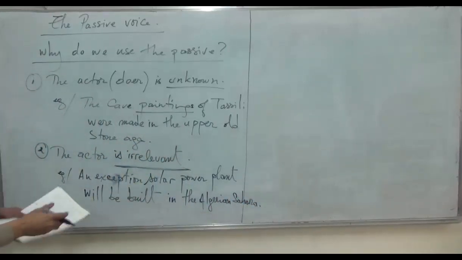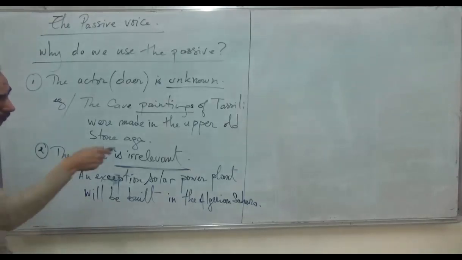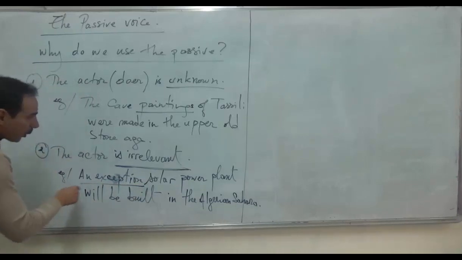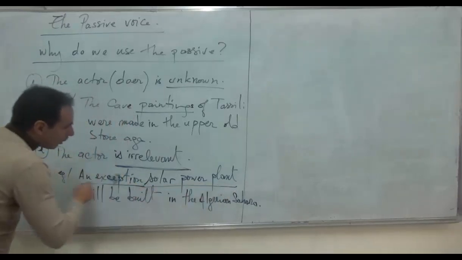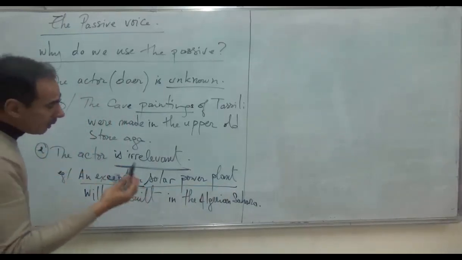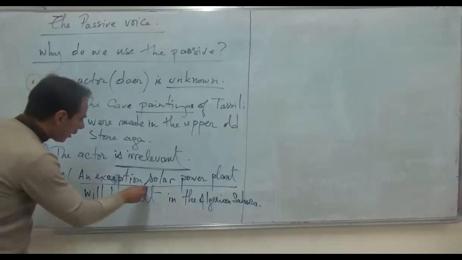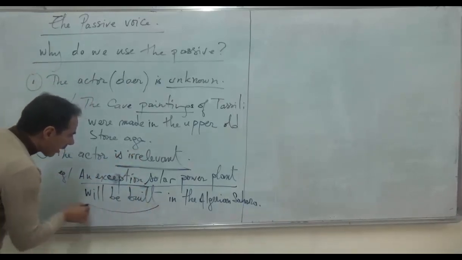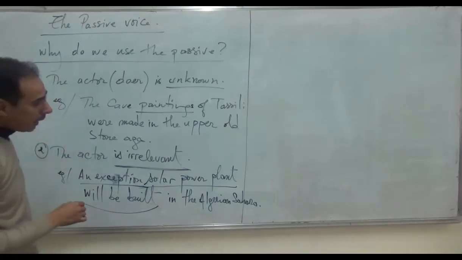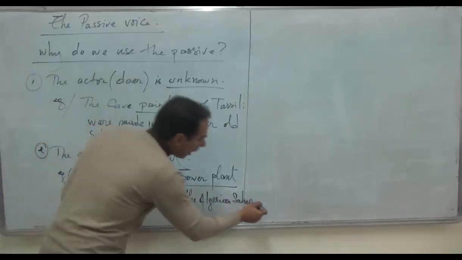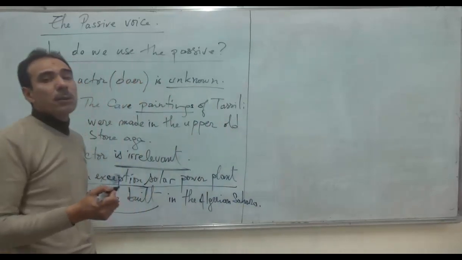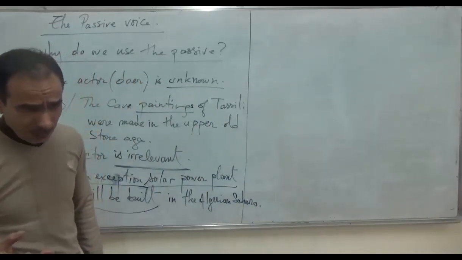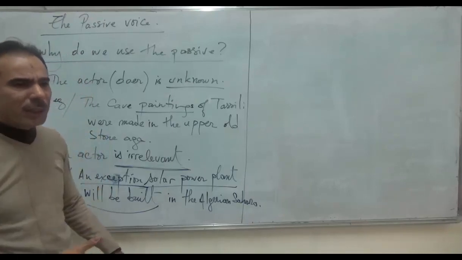In the Algerian Sahara. So we can consider from the sentence itself that the exceptional solar power plant is the most important thing we are going to speak about in this sentence, and that it will be built soon in the Algerian Sahara. But who is going to build it? A company coming from another country, or an Algerian company?